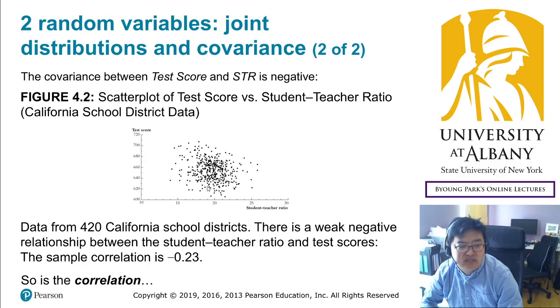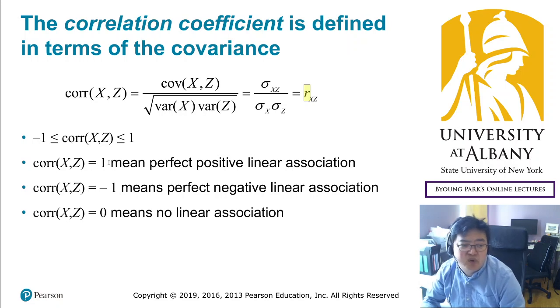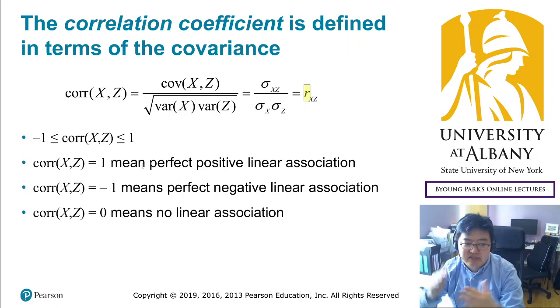Negative 1, excuse me. When correlation is negative 1, you will see a perfect line sloping downward. Positive 1 is the case where the dots make up a perfect straight line sloping upward.